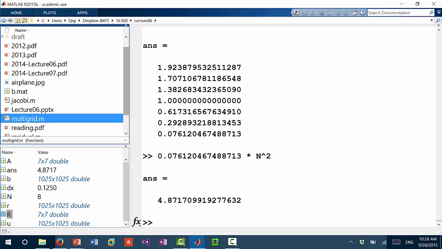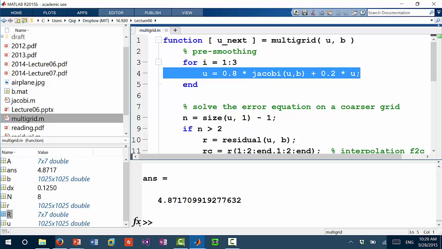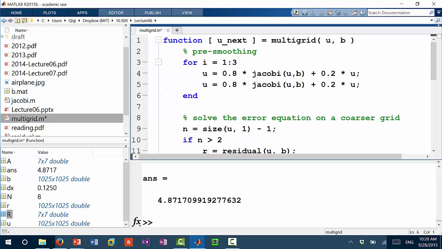So let's actually go to our multigrid. For example, when we want to do Gauss Seidel, we can comment this out. And by the way, Gauss Seidel has an eigenstructure that is different from Jacobi.